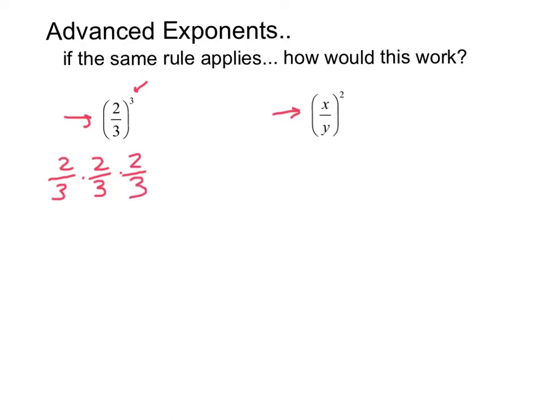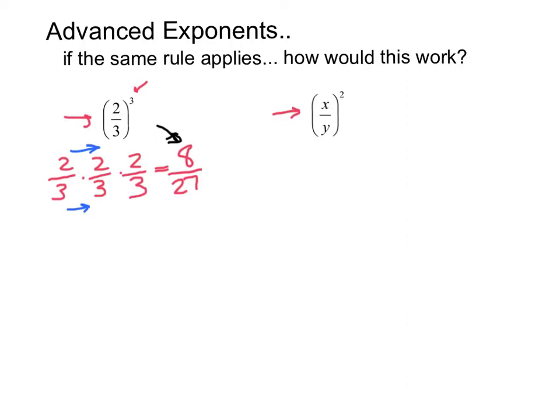And if we remember anything about multiplying fractions, we know that we can multiply these straight across. So this is going to be 2 times 2 times 2, which is 8, over 3 times 3, which is 9, times another 3, which is 27. And so 2/3 to the third power ends up being 8 over 27.